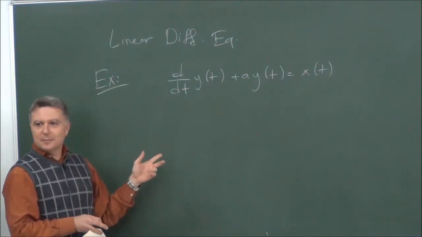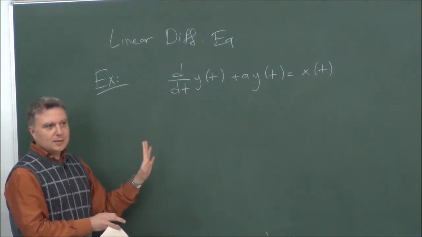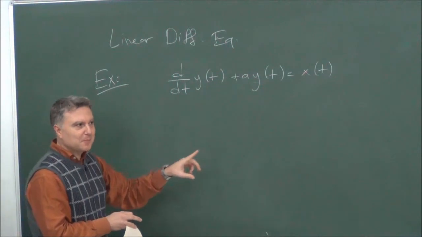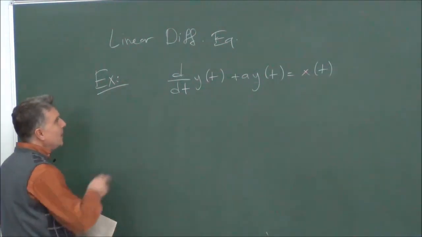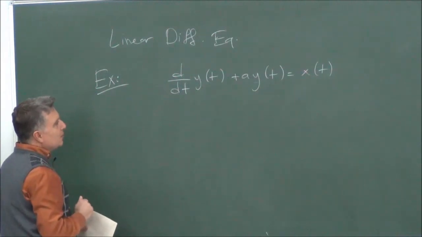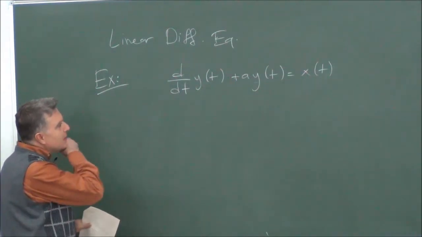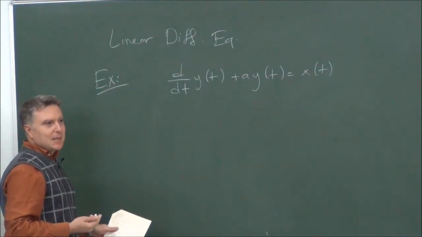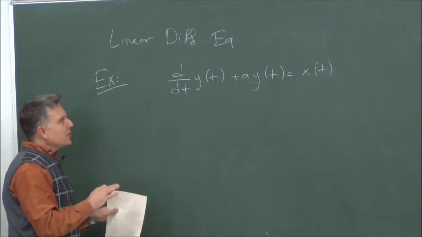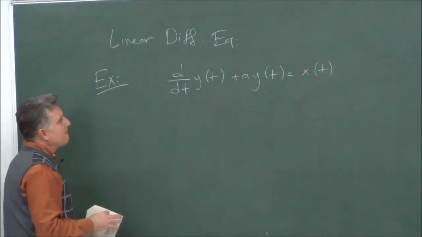Can you do that here? You can't do that. You can only do that in discrete time. But this is also a linear system. What is the impulse response of this linear system is the question, without considering any initial conditions.